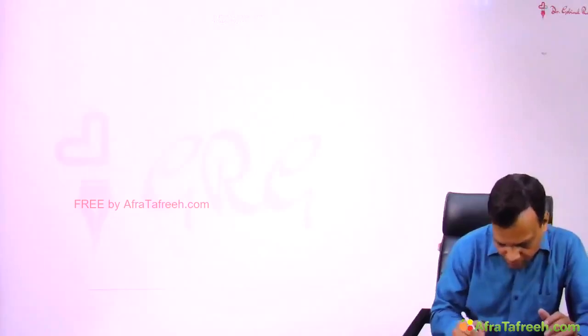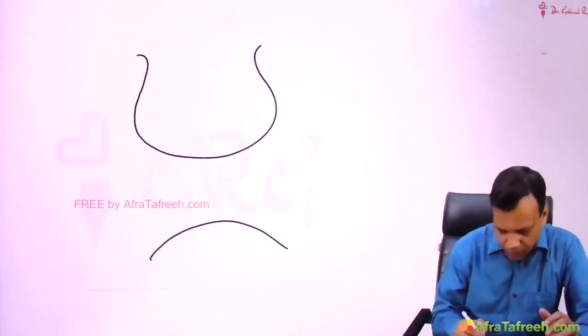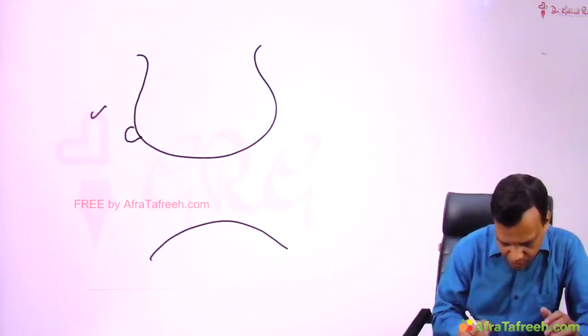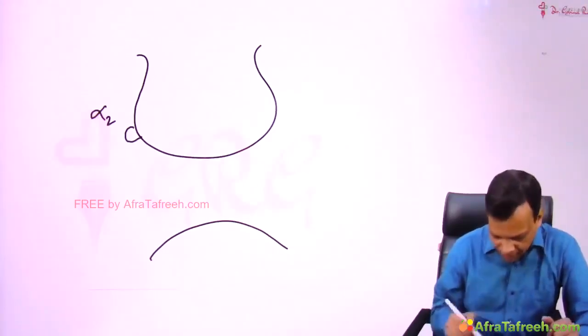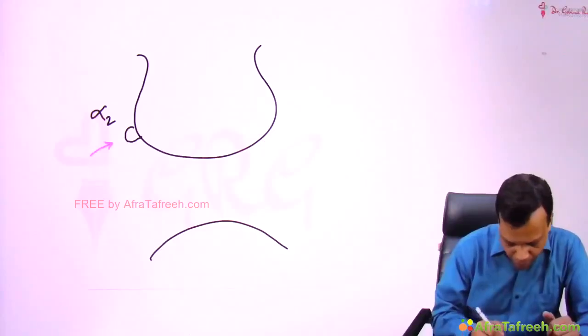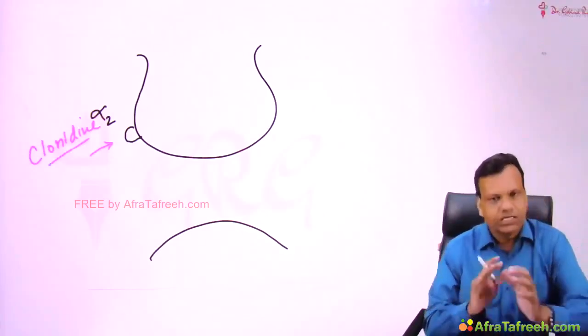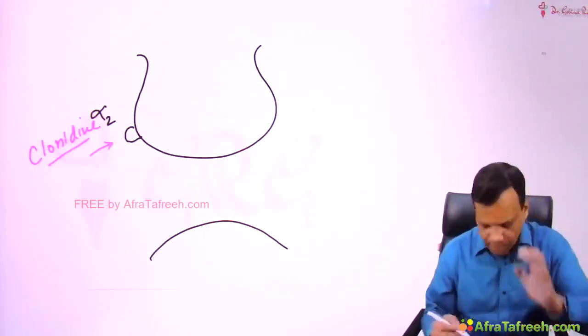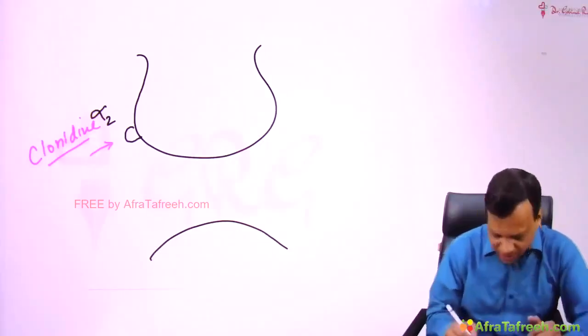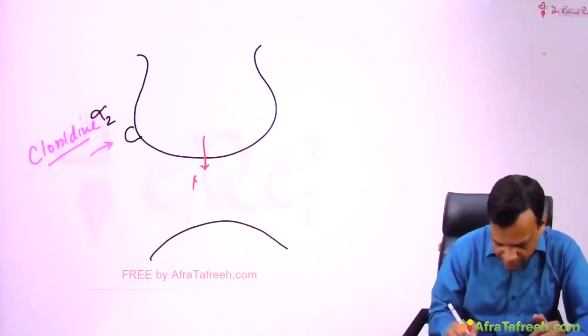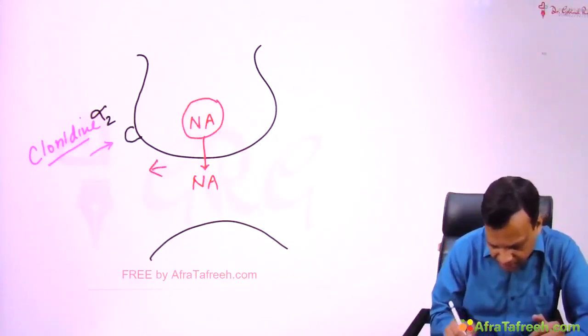Like we can take an example. If you remember, there is a receptor present here which is called alpha 2. Alpha 2 is stimulated by clonidine. So when we give clonidine, it stimulates the alpha 2 receptor and alpha 2 acts like a brake. That means noradrenaline release from the vesicle is inhibited.